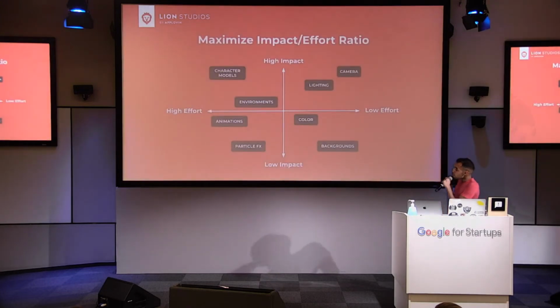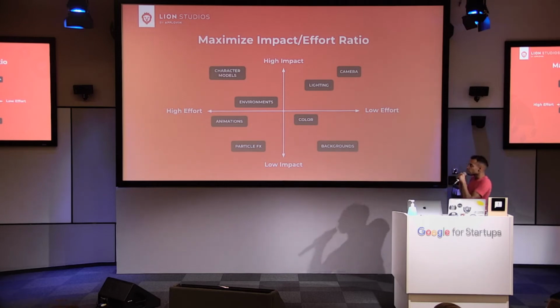As marketing developers, we tend to try to maximize our impact and effort ratio. For instance, some iterations are going to have high impact, visually speaking. Some others are going to have low impact. But some iterations are harder to do than others.